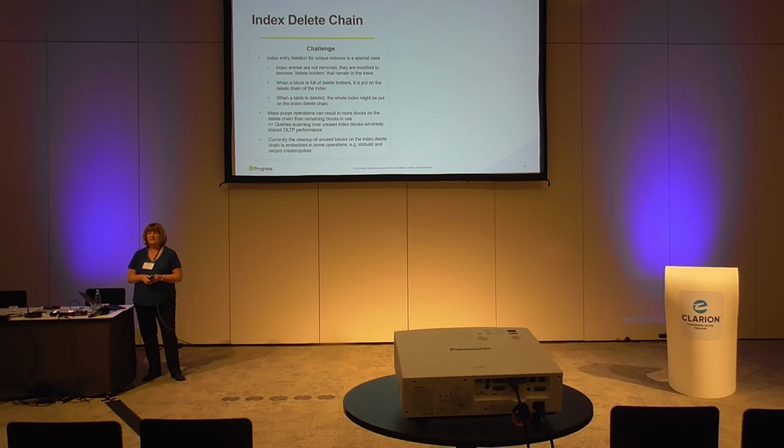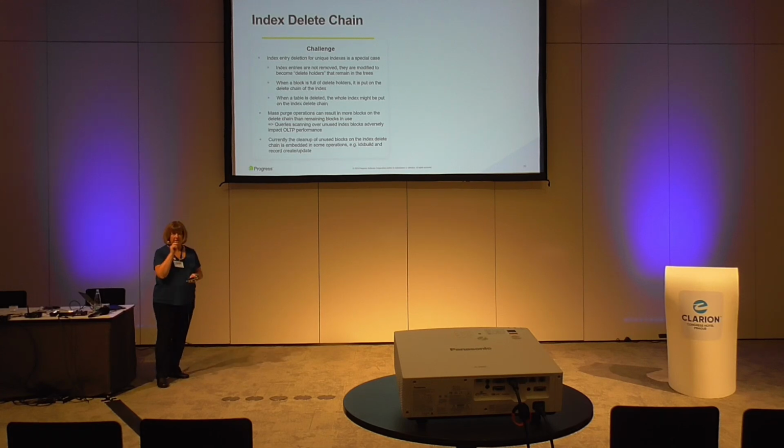Now, the challenge that we had is that there was no easy way to clean that out. The cleanup of the unused blocks on the delete chain would happen as a sort of byproduct of another operation, like a create or an update or index build.